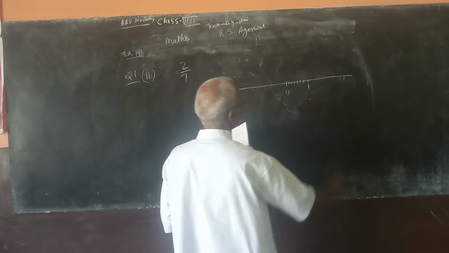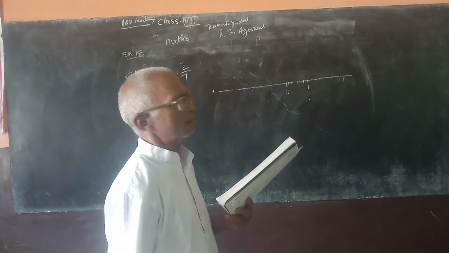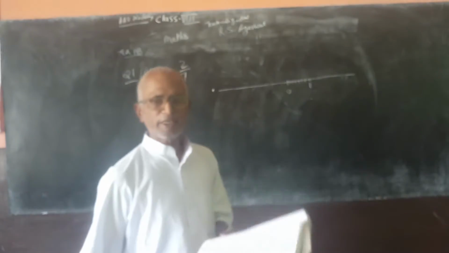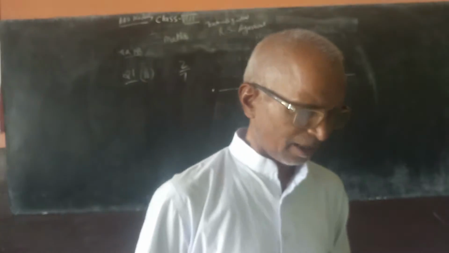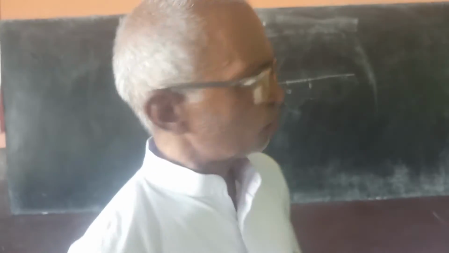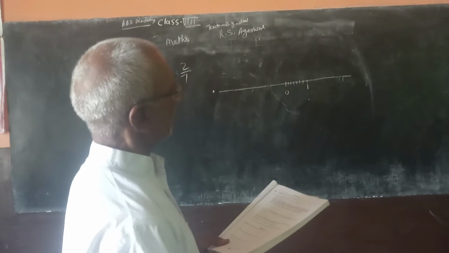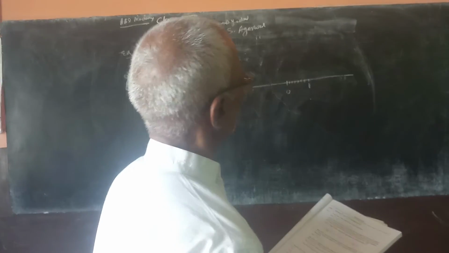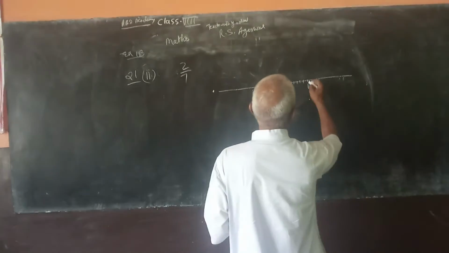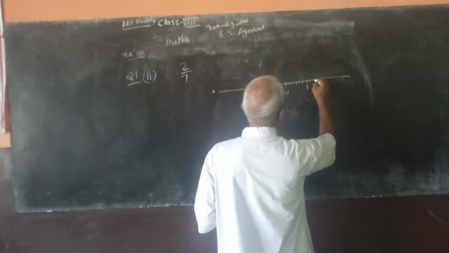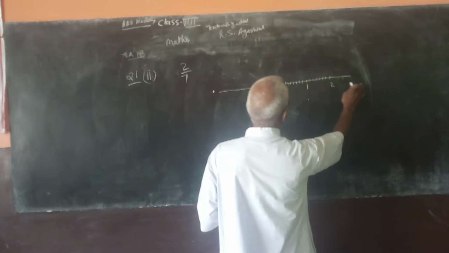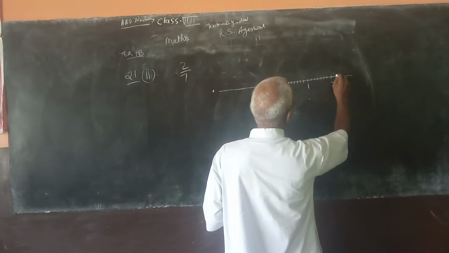After 7, put 1, because the denominator of this fraction is 7. So, after 7 equal units, 1 is written. Then after the next 1, 2, 3, 4, 5, 6, 7, write 2 at equal distances.